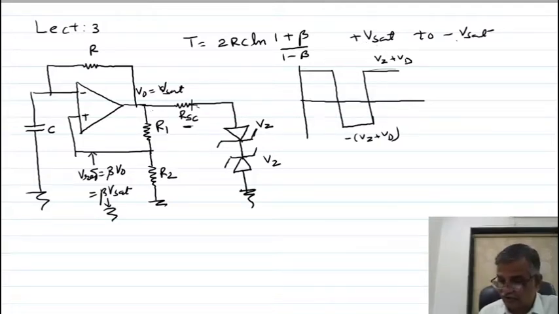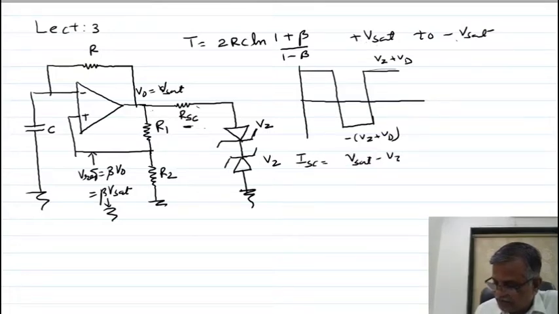Now this is the second way I am telling you that you can change the amplitude of the output voltage, by connecting Zener diode back to back as shown in figure. Current is given by Vsat minus Vz upon Rsc. So this voltage minus this voltage upon this resistance, which is Rsc I have written.